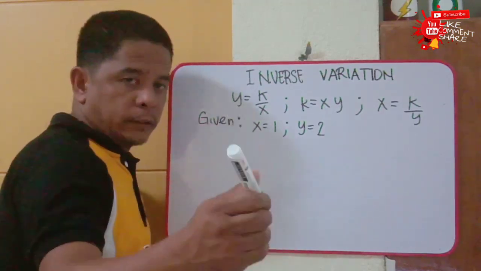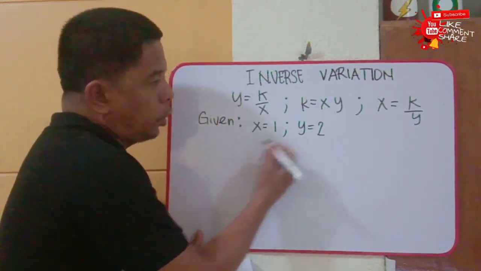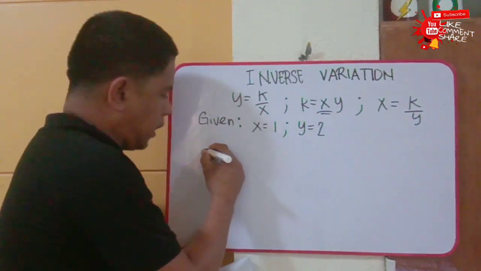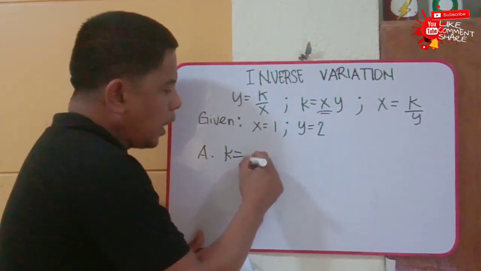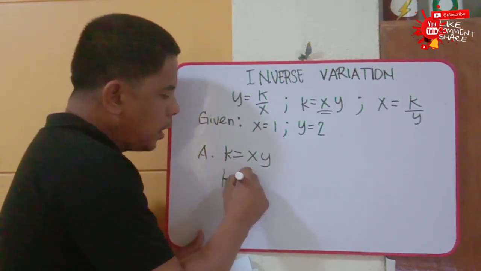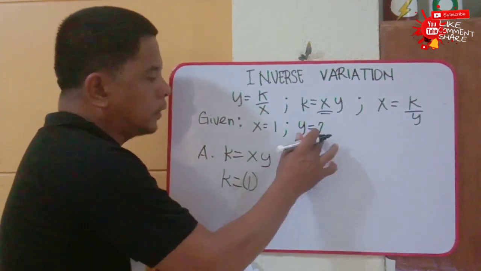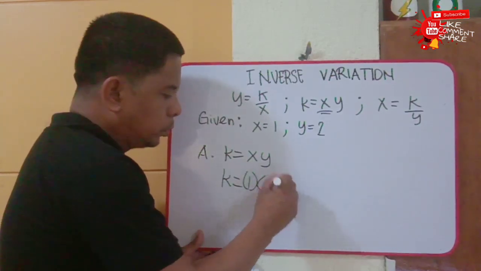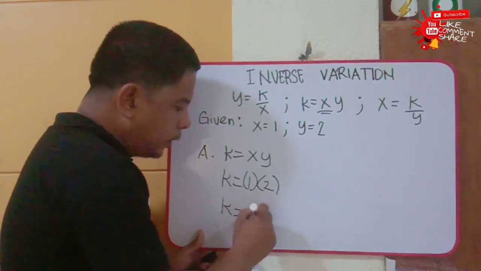So, yung first question, what is the constant of variation? So, ito po yung gagamitin natin. So, constant equals x times y. So, k equals, what is x? 1, times, what is y? 2. So, 1 times 2, so our constant equals 2.